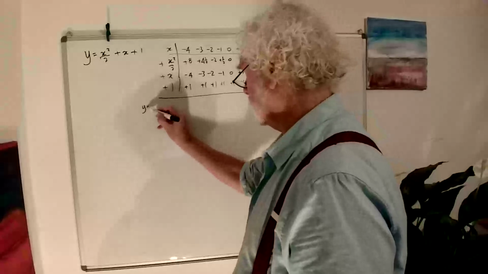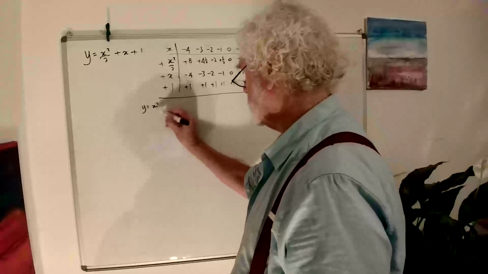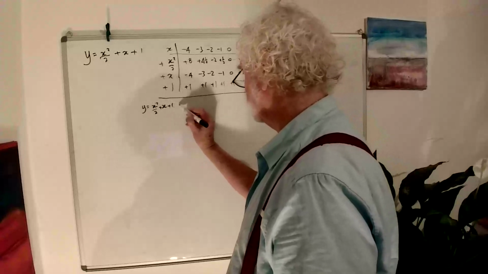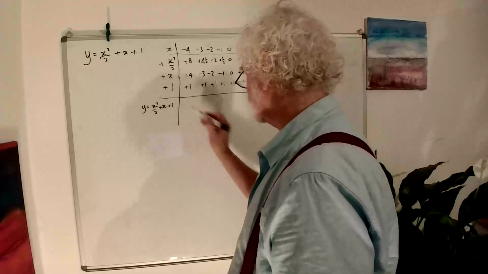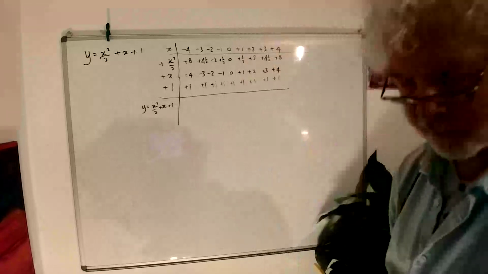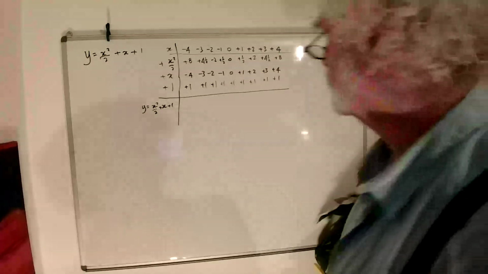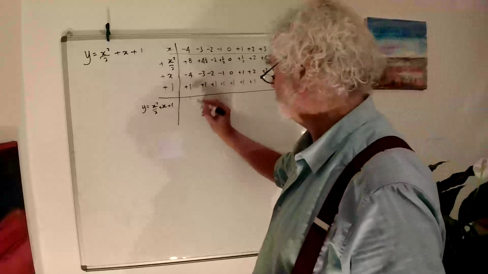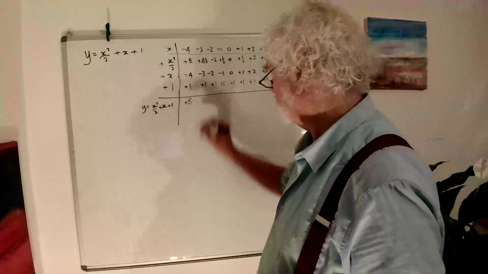And so y equal to x squared over 2 plus x plus 1 is what we find now. 8 minus 4 is 4, plus 1 is 5. Plus 5.